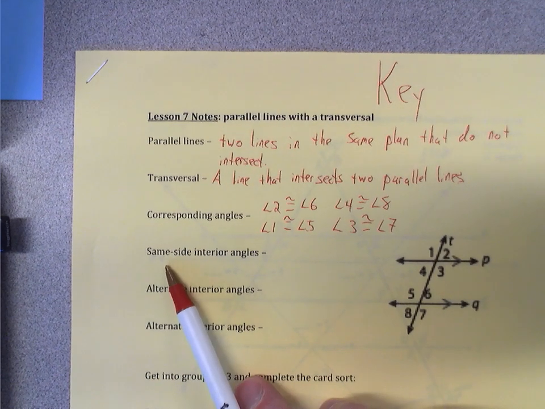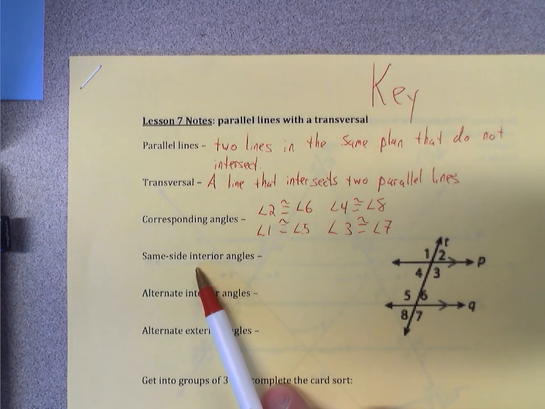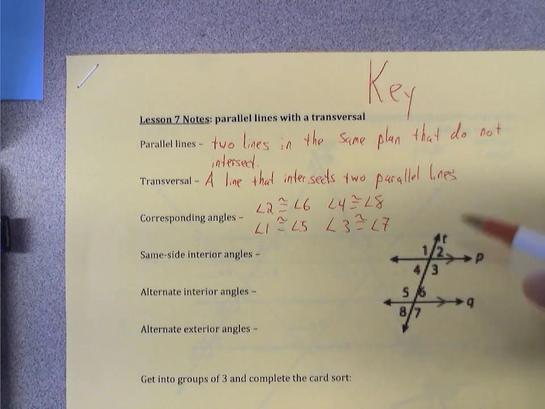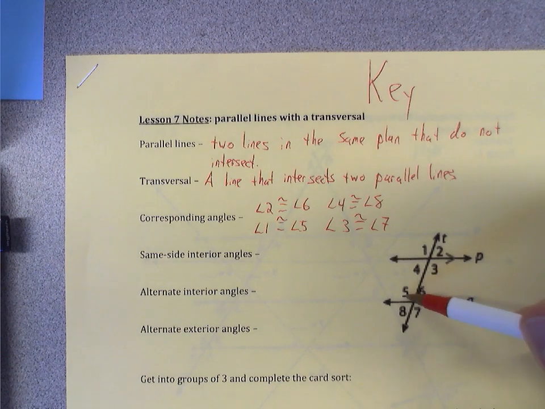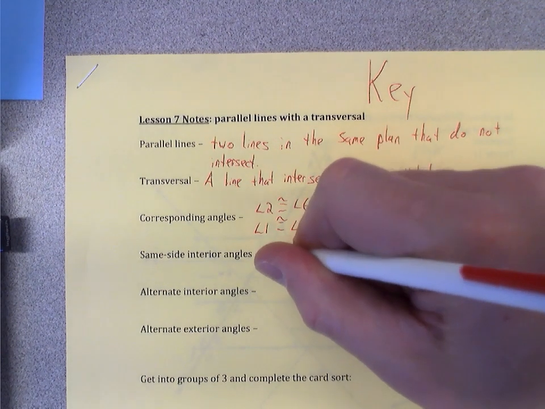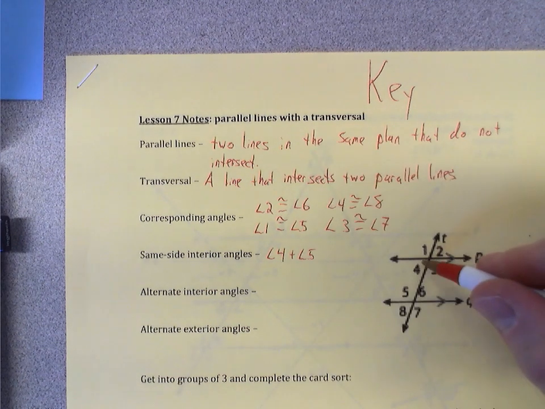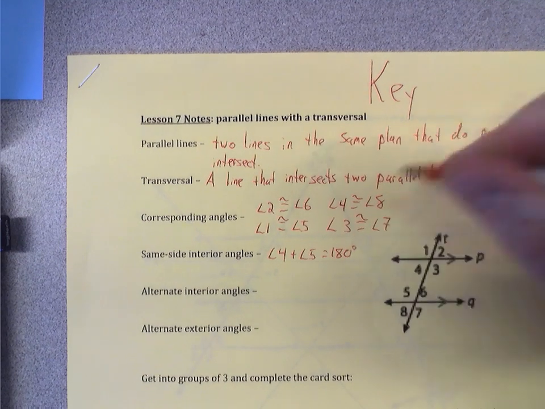Then the next concept we have is same side interior angles. What that means is, for example, if we take angle 4 and angle 5 on the same side here and add them together, because of their locations, they're going to equal 180 degrees.